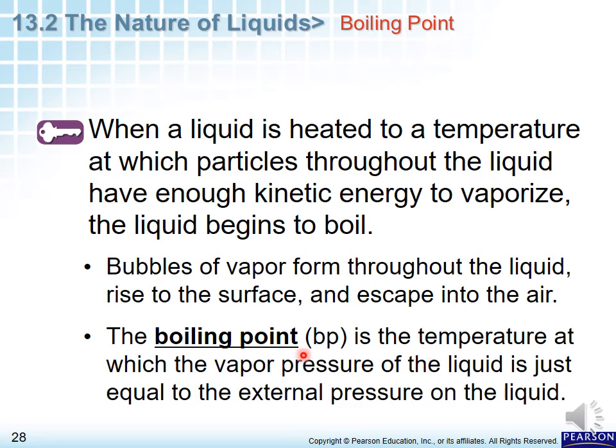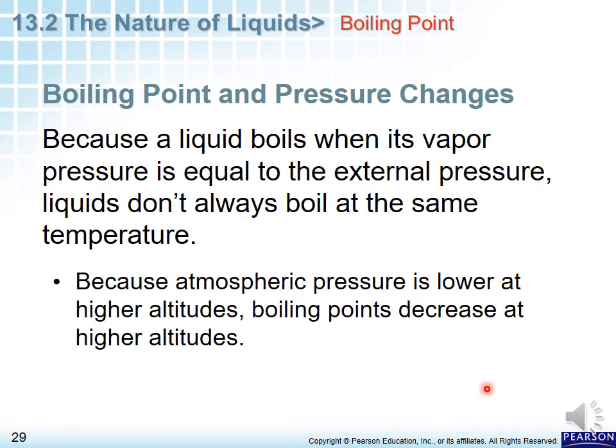So boiling point, what is going to happen? The boiling point is defined as the temperature at which the vapor pressure of the liquid is just equal to the external pressure on the liquid. In easy wording, boiling point is the temperature at which vapor pressure of a liquid is equal to the atmospheric or external pressure on the liquid, which is 1 atmosphere, or 101.3 kilopascal.